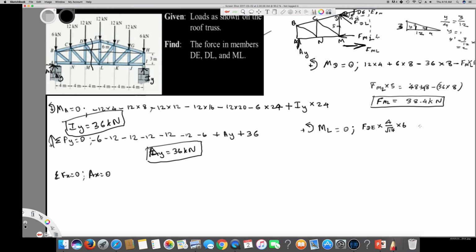It's going to be 12 times 4 plus, and we have this 12 kilonewton pushing this object down for 8 from this L, right? So it's going to be plus 12 times 8, and from the L, this 6 kilonewton is 8, 16, so plus 16 times 6.